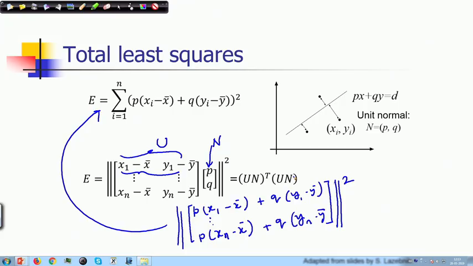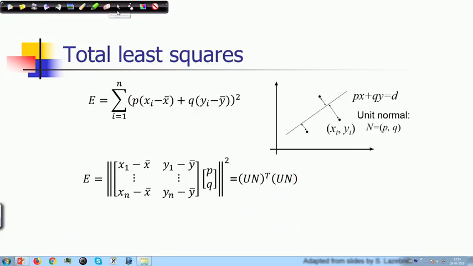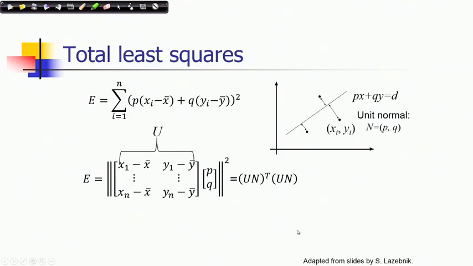So, this is how this short form is explained, and let us continue with this representation. As I mentioned, this is U, this is n. So, we need to solve this problem to minimize this error by choosing appropriate n.